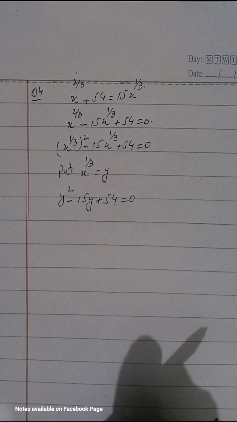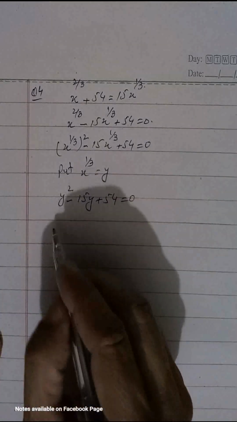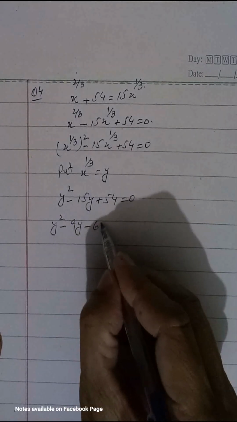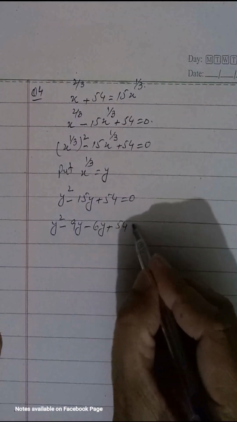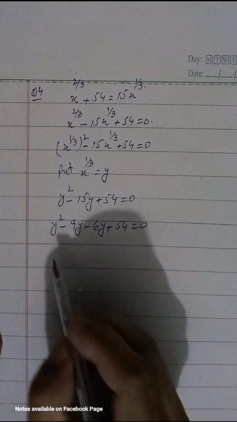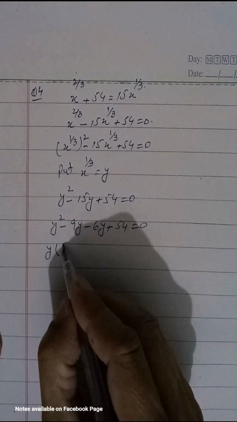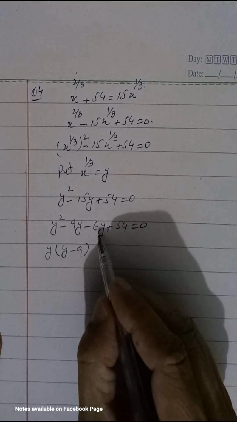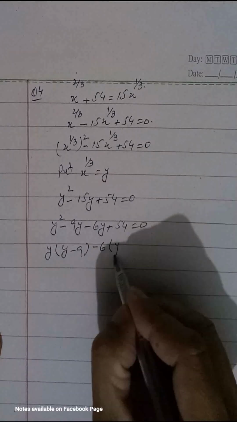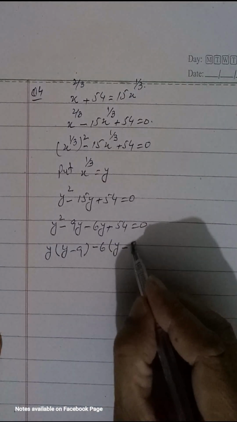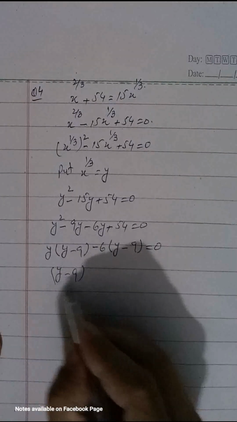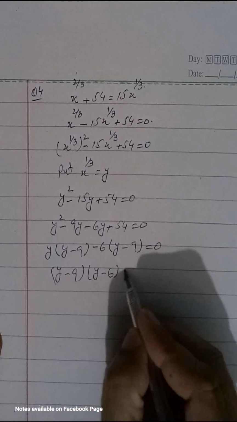Now simplify the equation. y square minus 9y minus 6y plus 54 is equal to 0. Take common from y square minus 9y, we get y, and from minus 9 we get y minus 9, and from minus 6y plus 54 we get minus 6, and in the bracket y minus 9 is equal to 0, and hence y minus 9 and y minus 6 is equal to 0.